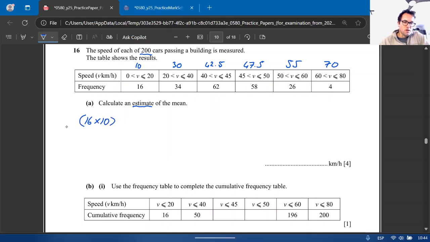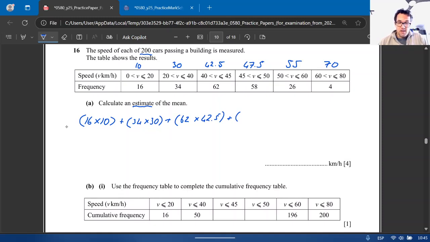So that means altogether they've been driving 160 kilometers per hour, if you add their speeds one after the other. Yeah, you know what I mean. Okay, then we need to add the next 34 cars, which were driving about 30 kilometers per hour on average. Then we need to add the next 62 cars who were driving about 42.5 kilometers per hour.